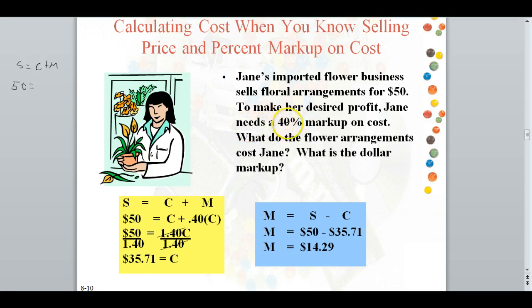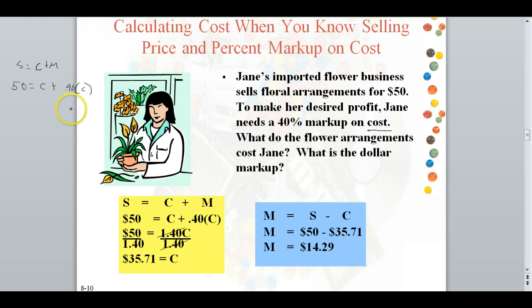She sells them for $50. To make her desired profit, Jane needs a 40% markup on our cost. Okay, so our cost is, well, we don't know our cost yet. That's what they're asking us. What do the flower arrangements cost? We don't know. But we do know that the markup equals 40%, or 0.40 times our cost that we don't know yet.